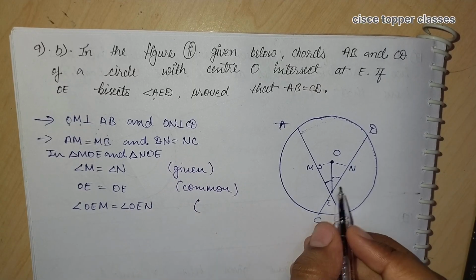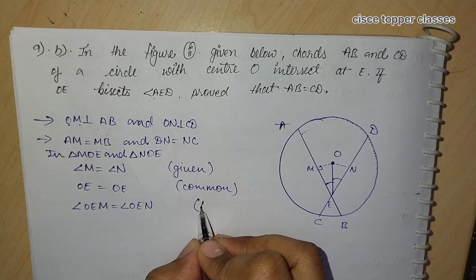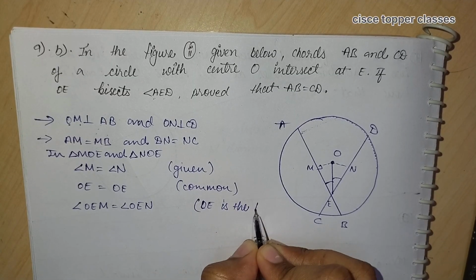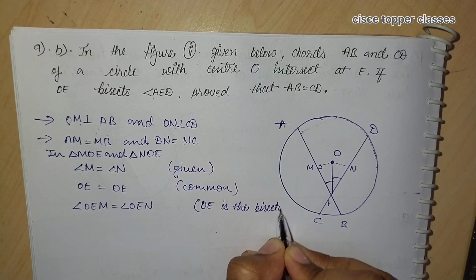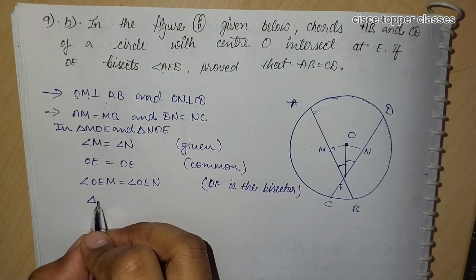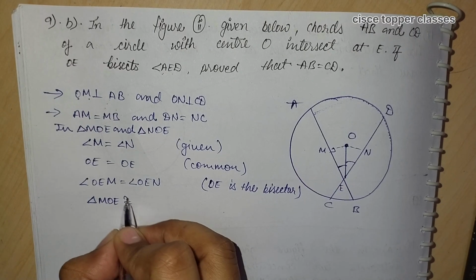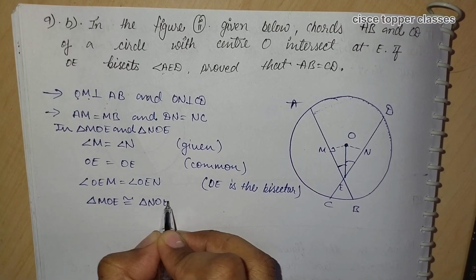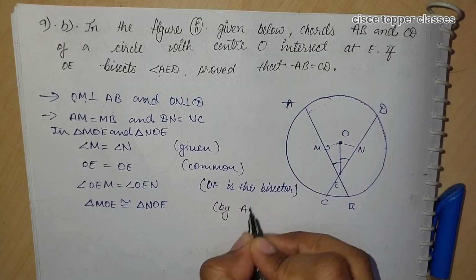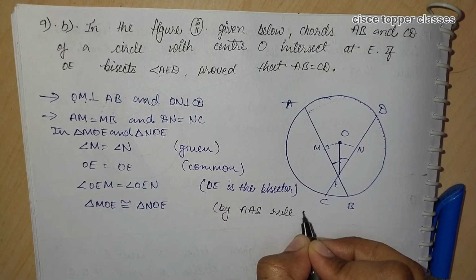Hence we have these angles as equal because OE is the bisector. And from that we can prove that triangle MOE is congruent to triangle NOE by the angle-side rule of congruency.